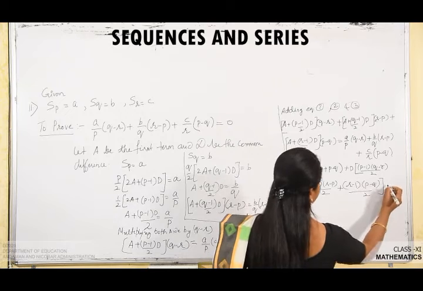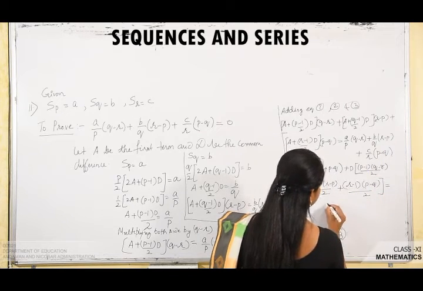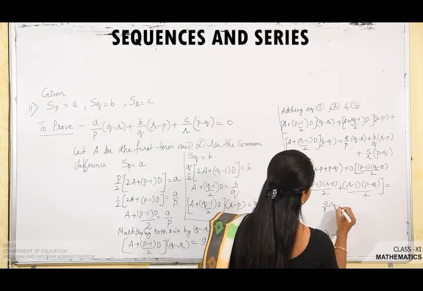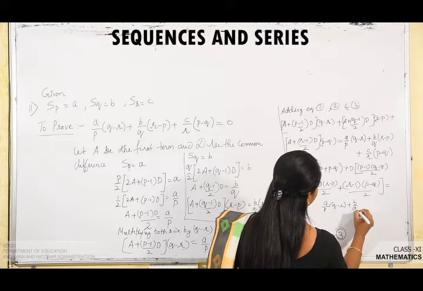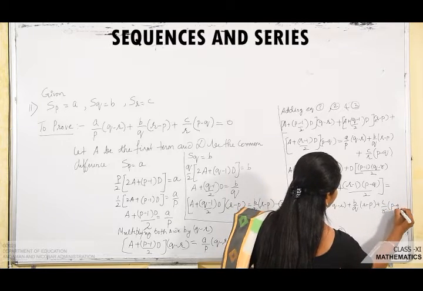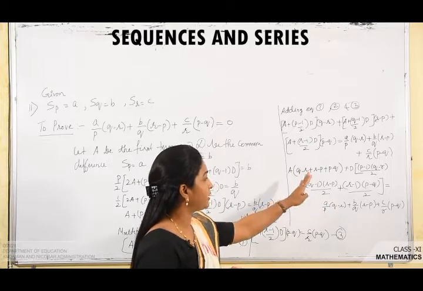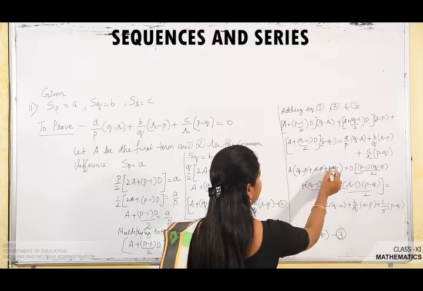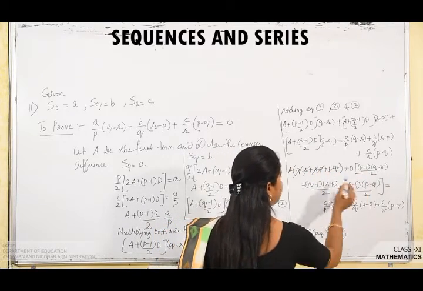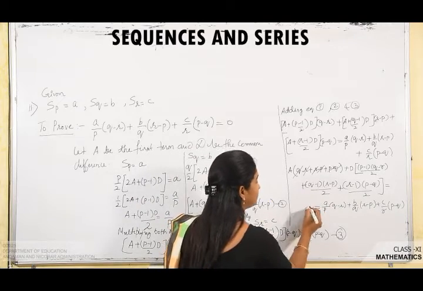That will be equal to this right hand side, that is A by P (Q minus R) plus B by Q (R minus P) plus C by R (P minus Q). And you will observe that when you simplify this, everything cancels out. Here also when you simplify, everything cancels out and you will be getting the answer as 0.